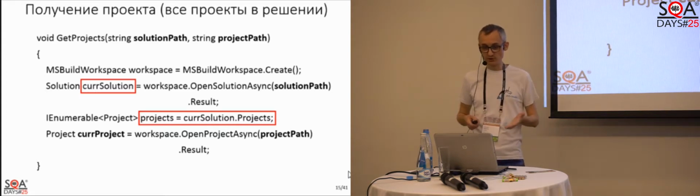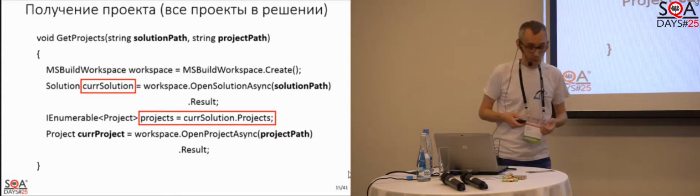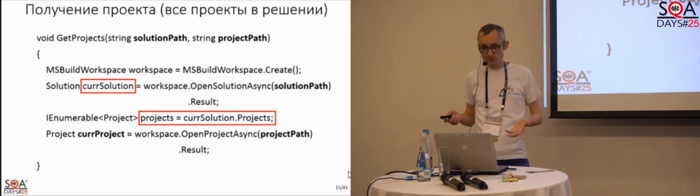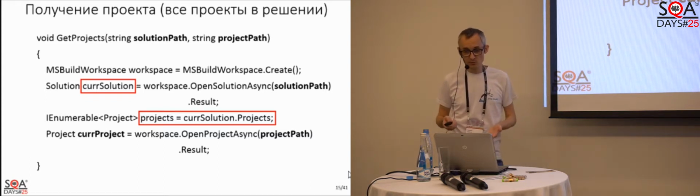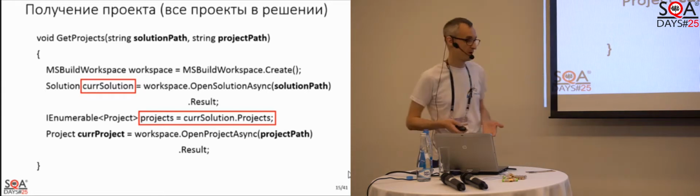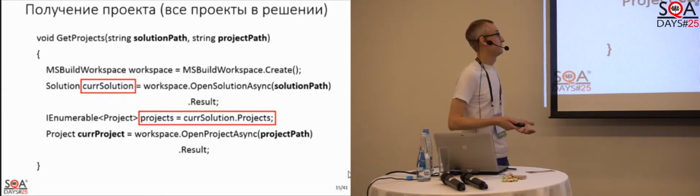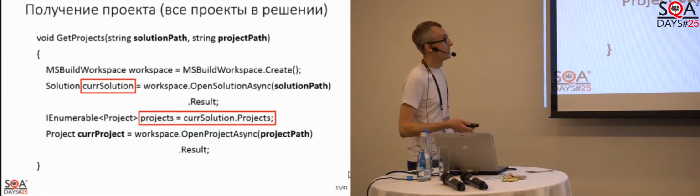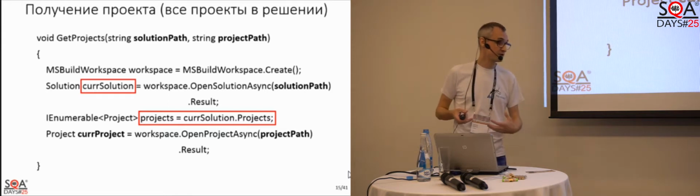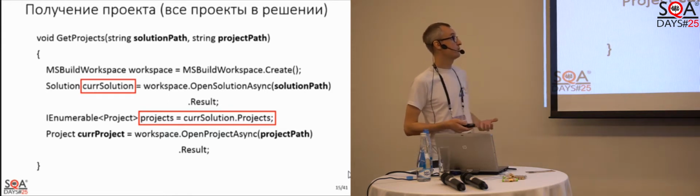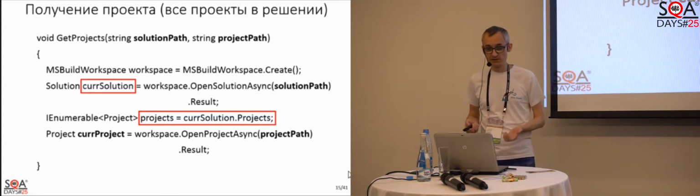You can see that we can simply get the current solution highlighted by this first square. After we open the solution through the path, we can simply get from it the whole list of projects. It's simple, like this. Roslyn gave us a list of objects. They include the project, which you can work with later.